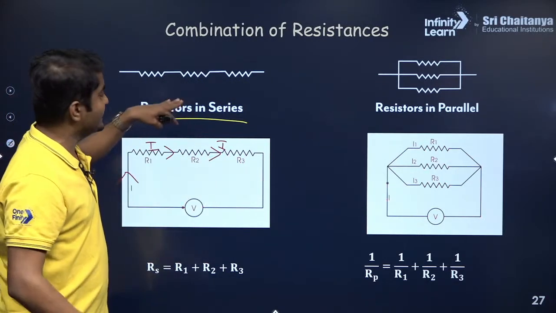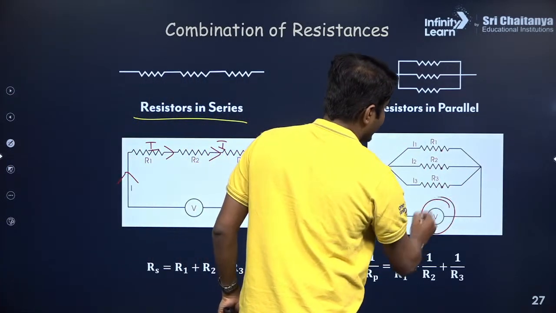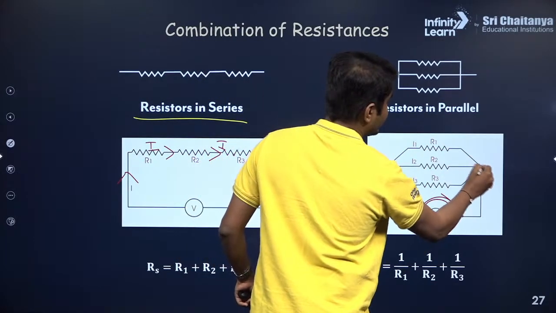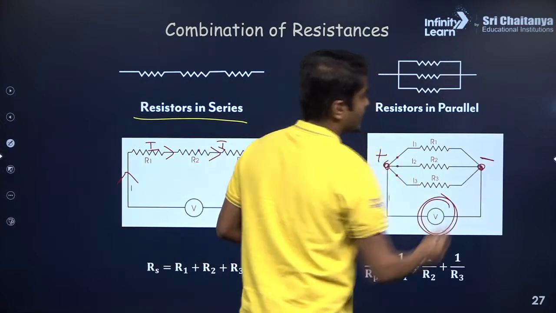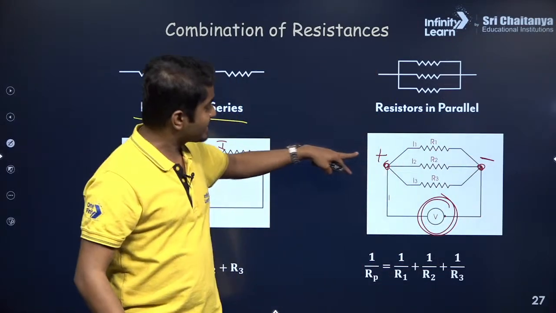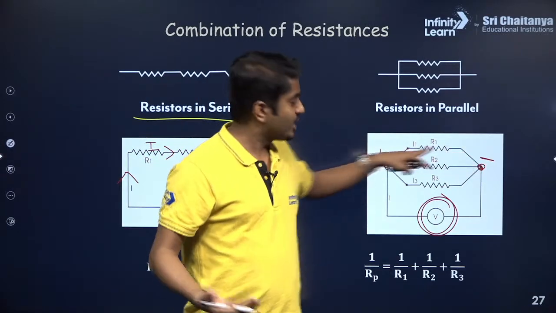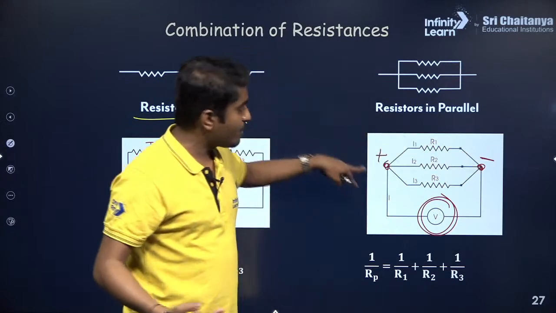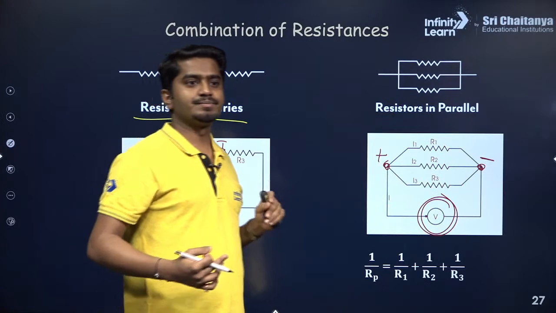That is a series. When you have parallel, it is the same voltage because they have the common terminal. One is the positive terminal, another is the negative terminal. Positive terminal means higher potential, negative terminal means lower potential. So the potential difference is constant. When you have constant potential difference, there is a parallel combination.